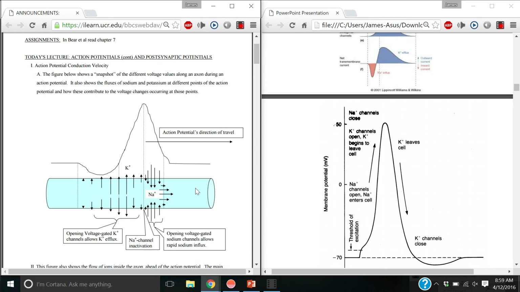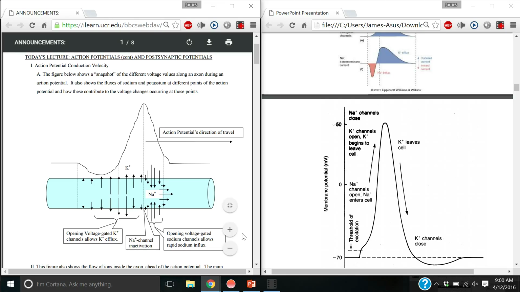I'm only showing them be propelled this way for convenience. So whatever increases the concentration of these positively charged ions, the distance they travel, or how rapidly they travel in front of the rising phase of the action potential is what increases the conduction velocity.